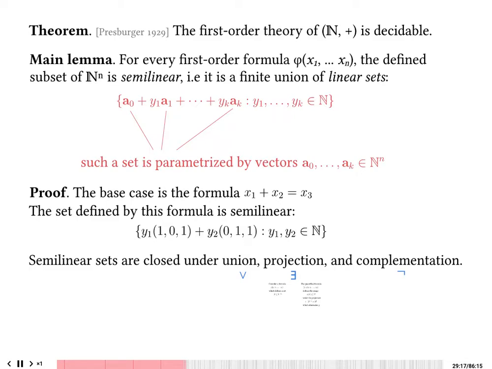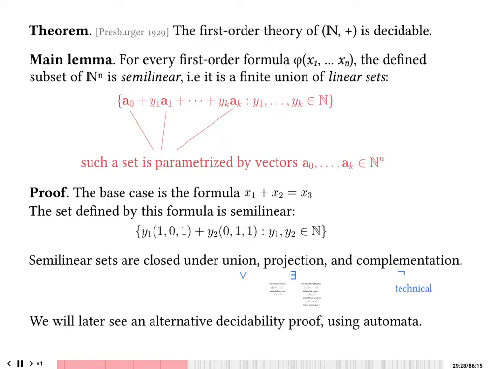It would take one or two slides and is a little bit off the central topic, so I won't discuss it in my tutorial. At any rate, later on in this lecture, we're going to see a complete and alternative decidability proof, which will use automata. So maybe I won't need Pressburger's original proof.